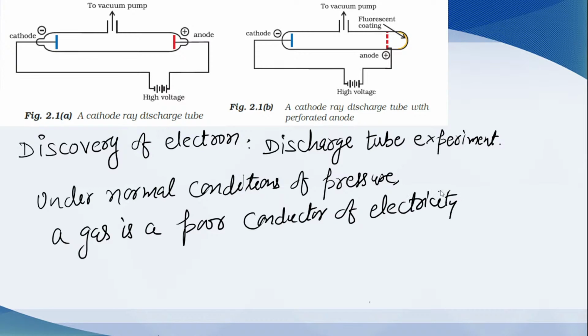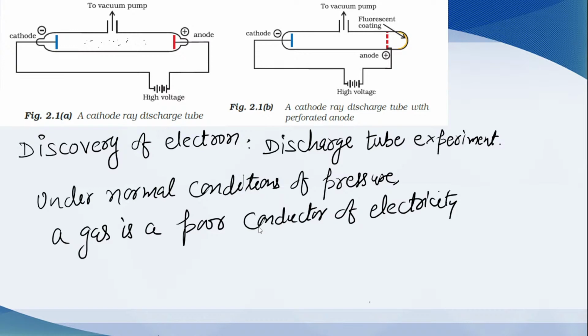Now, the pressure is reduced, and what happens? The gas becomes conducting, and electricity starts flowing through the gas. If we increase the pressure, the gas is a poor conductor. But if we decrease the pressure of the gas, it becomes conducting, and electricity starts flowing through the gas.